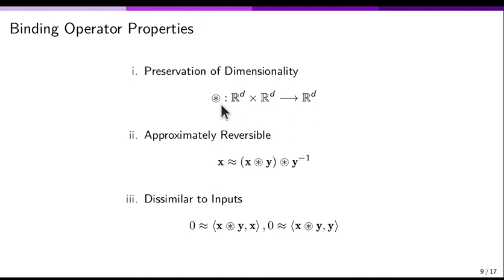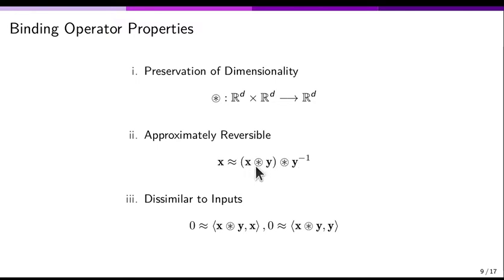I also want this binding operation to be at least approximately reversible. I know it can't be exactly reversible because I'm losing information here. I've got d-dimensionality, combining them together, I'm getting something with d-dimensionality. Information is being lost. But I want some operation where I can at least approximately recover things back out.